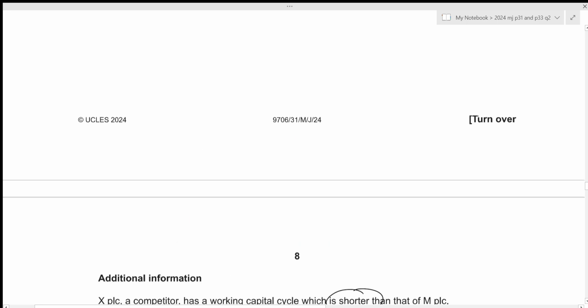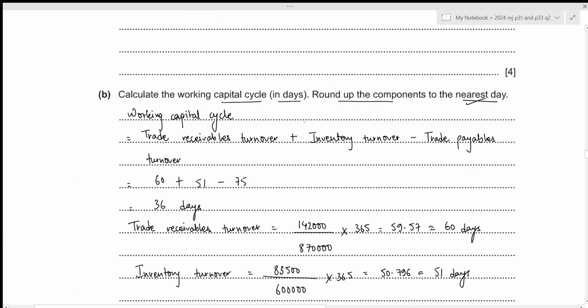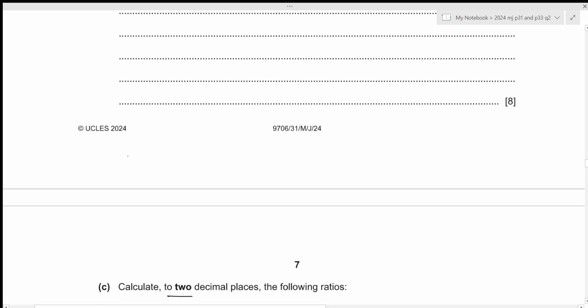Okay, first of all, let's take a look at our formula for the working capital cycle. It is trade receivables turnover plus inventory turnover minus trade payables turnover. So the working capital cycle will be shorter if the trade receivables turnover is shorter for XPLC as compared to MPLC. So we can just say that XPLC's credit customers may take a shorter time in order to settle their trade debts. Let's write it down.